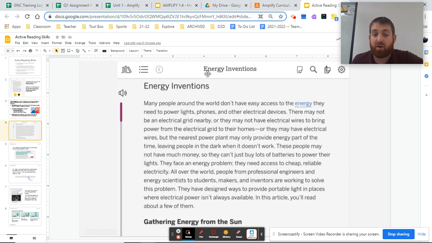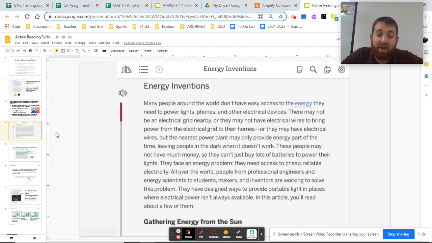So right off the bat, we have our energy inventions article. It looks like we have our introductory paragraph here, and it says, many people around the world don't have easy access to the energy they need to power lights, phones, and other electrical devices. There may not be an electrical grid nearby, or they may not have electrical wires to bring power from the electrical grid to their homes, or they may have electrical wires, but the nearby power plant may only provide energy part of the time, leaving people in the dark when it doesn't work.